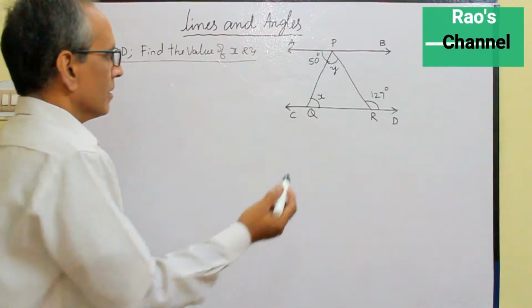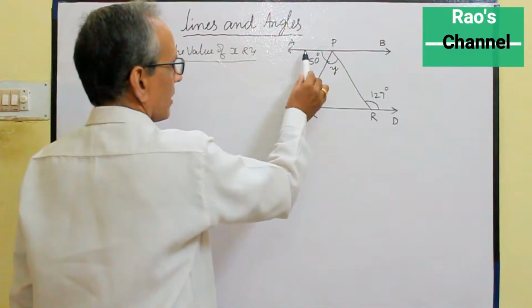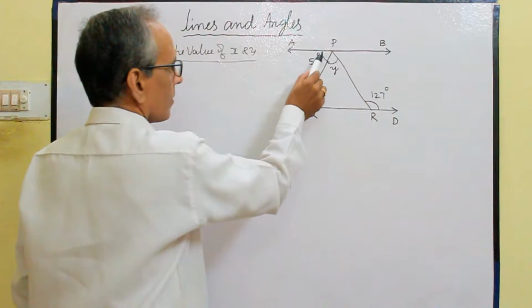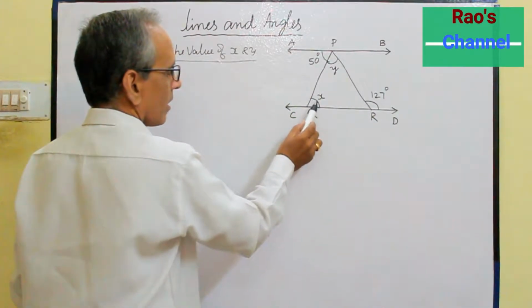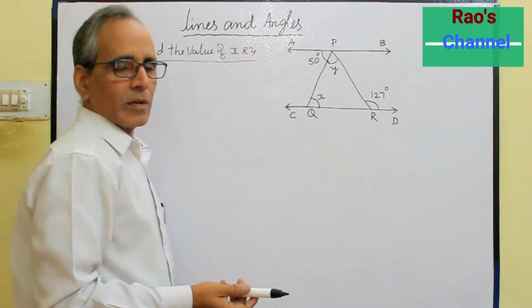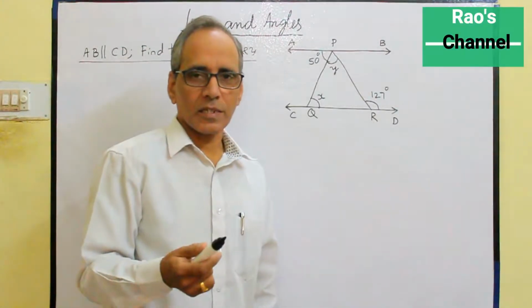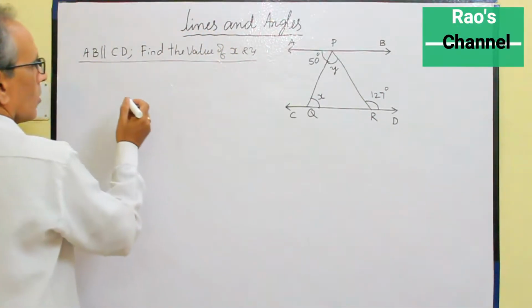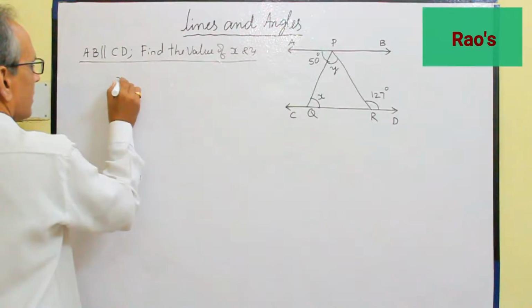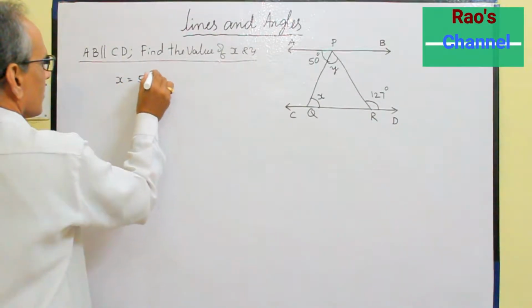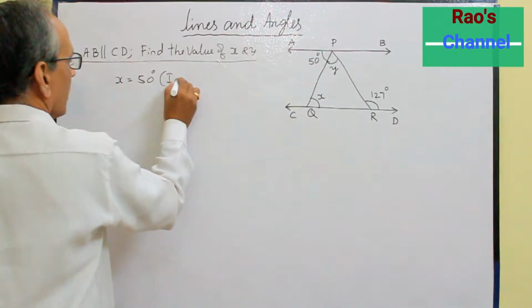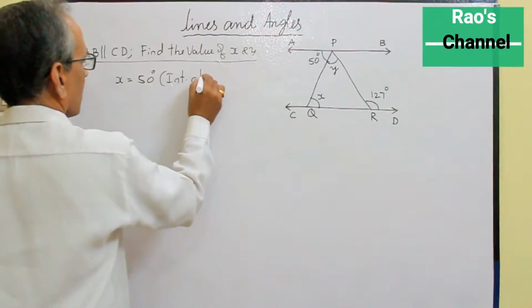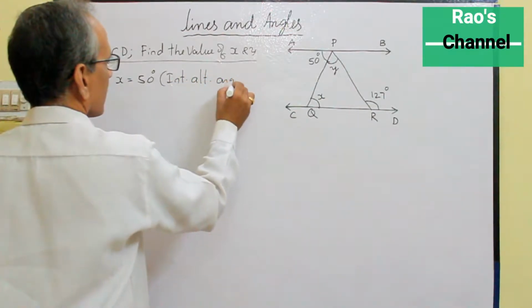I said here, see, if these two are parallel, this 50 and x are equal because they form interior alternate angles. So I write here x is equal to 50 degrees because they form interior alternate angles.